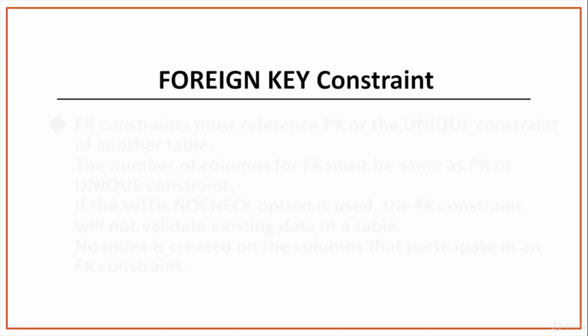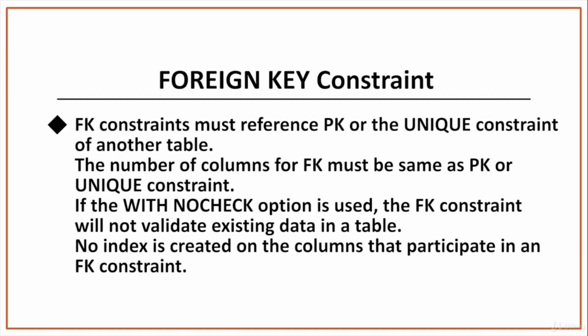FK constraints must reference PK or the unique constraint of another table. The number of columns for FK must be the same as PK or unique constraint. If the with no check option is used, the FK constraint will not validate existing data in a table. No index is created on the columns that participate in an FK constraint.